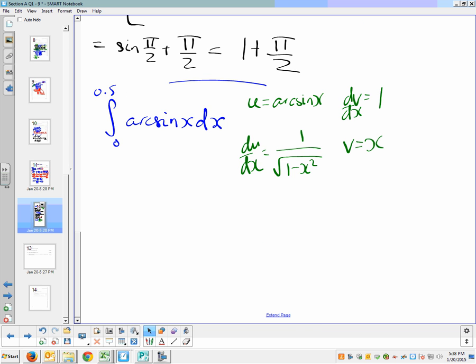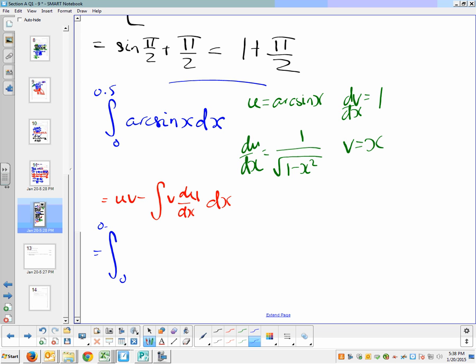Substituting all that into the integration by parts formula, which is uv minus the integral of v du by dx with respect to x, we get that we are integrating from 0 to 0.5.